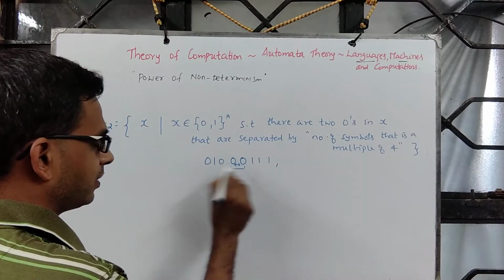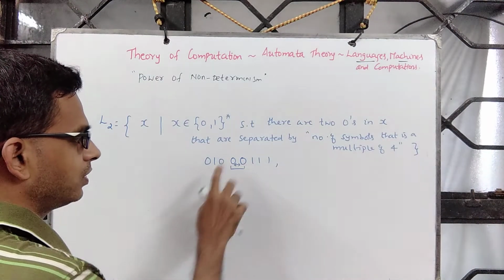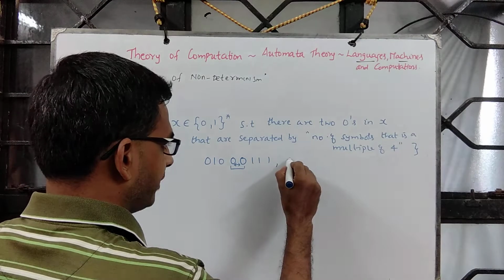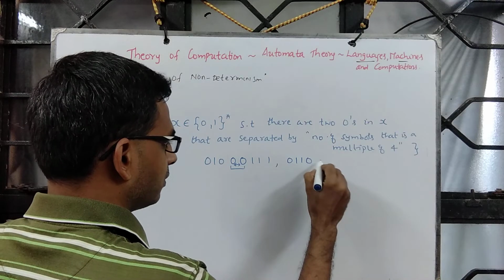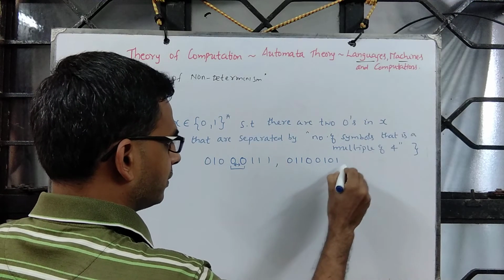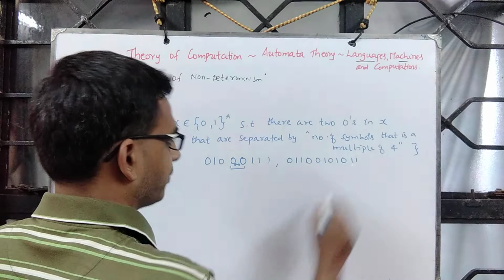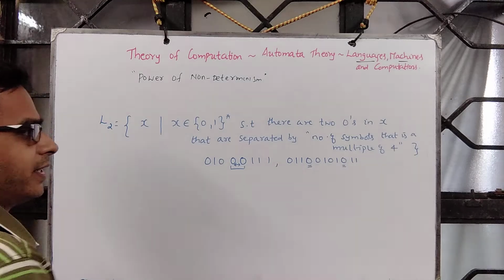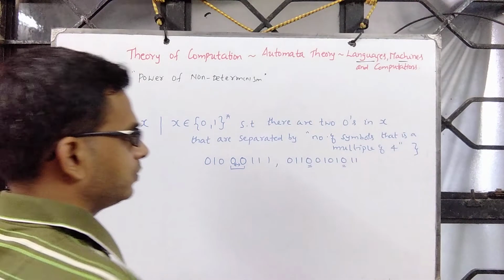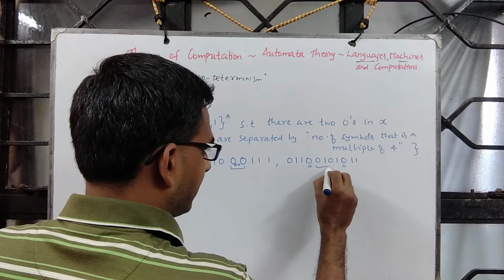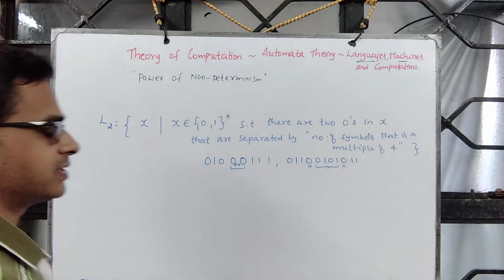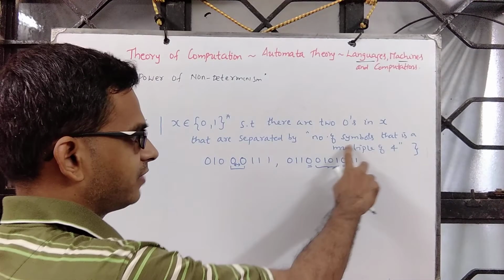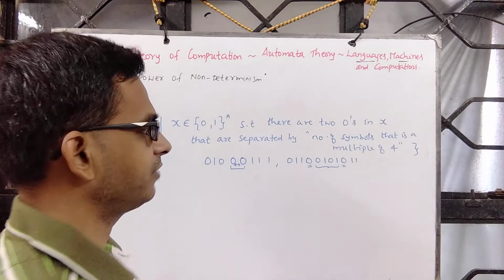In this case, 0 symbols are separating these two because they are consecutive, and 0 is a multiple of 4. Or it could be 0, 1, 1, 0 followed by 0, 1, 0, 1, then 0 followed by 1, 1. It only says there exist two zeros and they are separated by a number of symbols that is a multiple of 4.